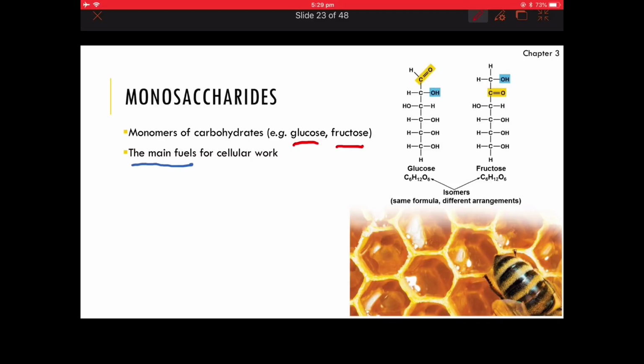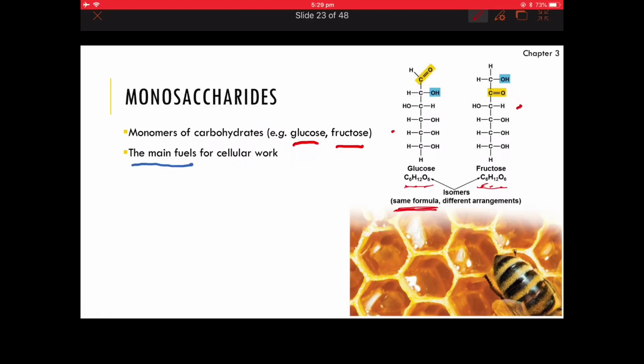In this image, it's showing us the difference between glucose and fructose. If you look at the chemical formula, 6 carbons and 6 carbons, 12 hydrogens and 12 hydrogens, 6 oxygens and 6 oxygens. So they're identical in terms of the chemical formula, but different in terms of structure. The atoms are arranged differently.